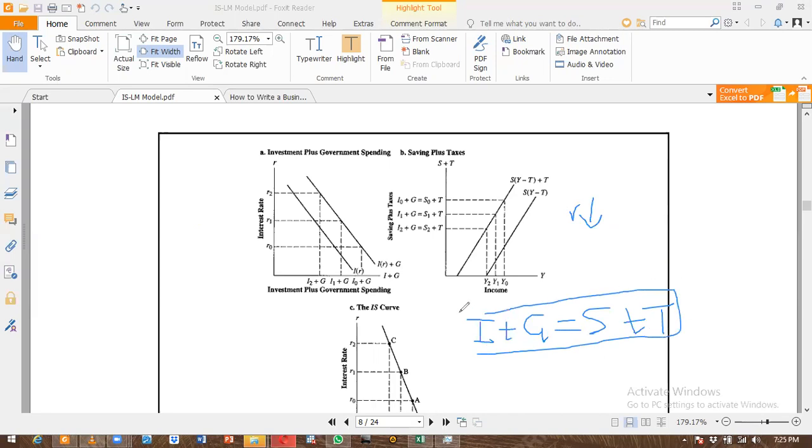This is the equilibrium condition. Just assuming investment was 50, government expenditure too was, let's say, 50, so this whole part was 100. Savings too was 50, tax too was 50. We cannot control G; this is a fiscal policy thing, and then T too.